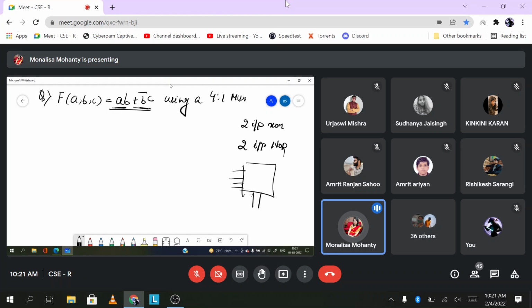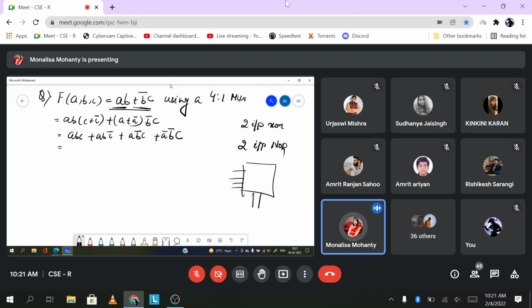So here f is a function of ABC, means here c is not present, here a is not present. So I can write this one as ab, c not present, so c plus c complement, then a plus a complement, b bar c, a b c, c bar, a b bar c.